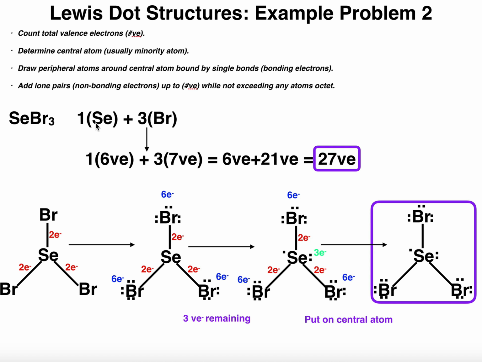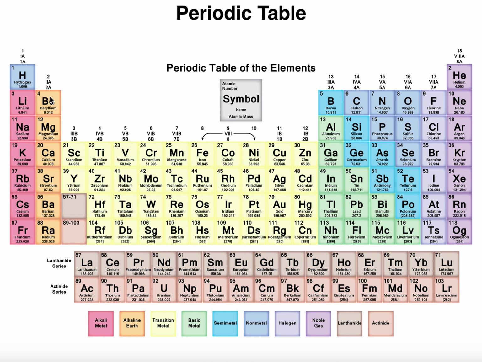So let's figure out how many valence electrons there are per selenium. Well, remember we just look at the column number. Here's column 1, 2. We skip the transition metals and go 3, 4, 5, 6, 7, 8. Selenium is in column 6 or group 6, so selenium will have 6 valence electrons.